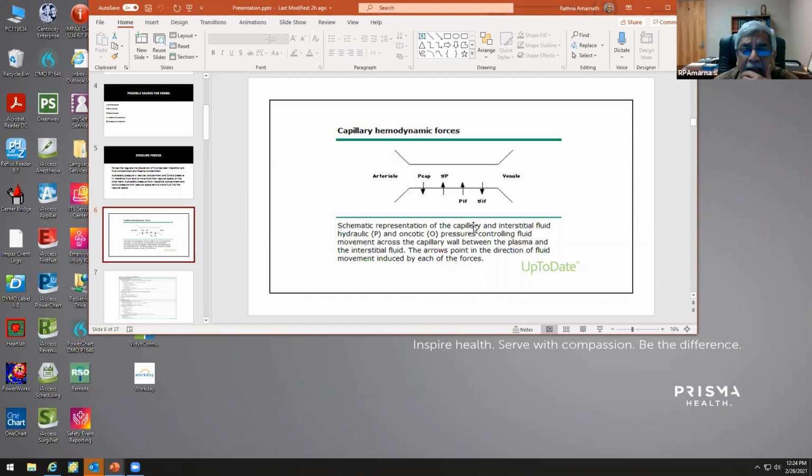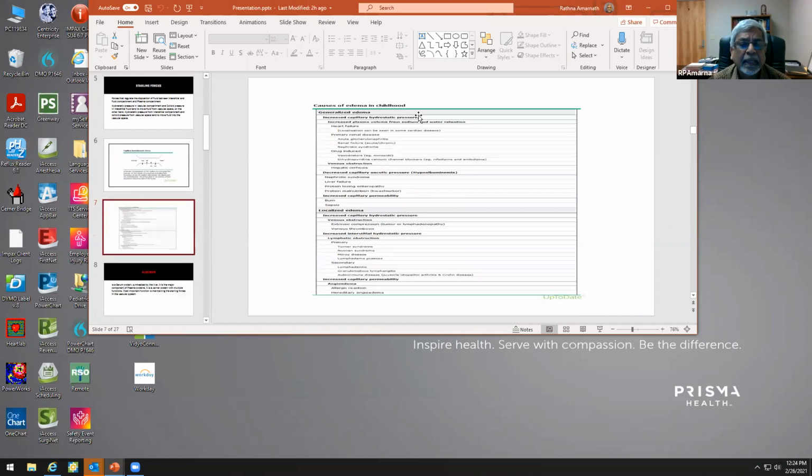The other way around, the oncotic pressure in the interstitial space pulls the water out, and hydrostatic pressure in the capillaries will push the water out. So this is the dynamic change that goes on there. There are certain conditions where you will see alteration in these forces. In this slide, you can see that.